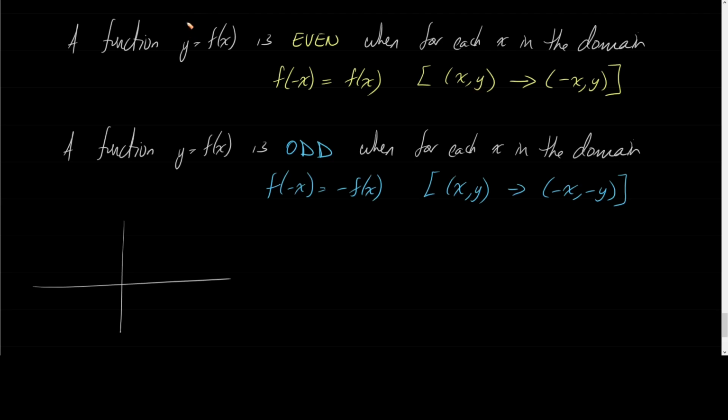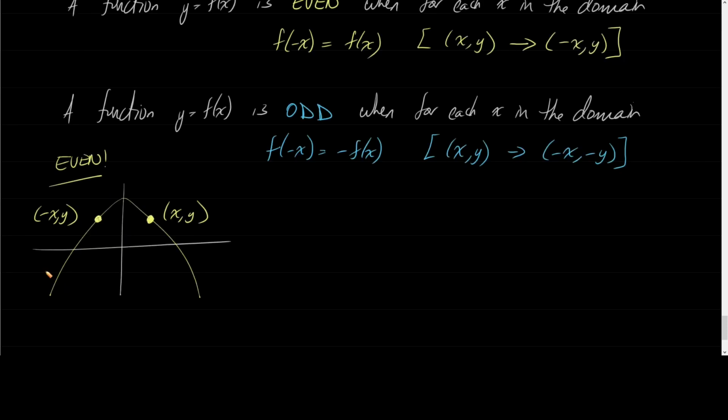Something like this would be an even function, because if I've got some value here, and this value is x comma y, then this other value over here, negative x comma y, also appears.